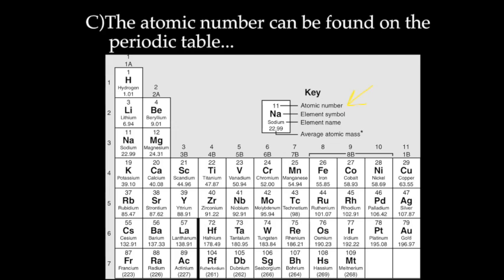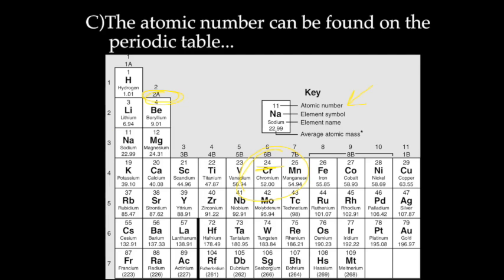So we'll go back to our friend beryllium. The atomic number for beryllium is 4. So every single beryllium atom you ever see will have 4 protons. Every single chromium will have 24 protons because its atomic number is 24.